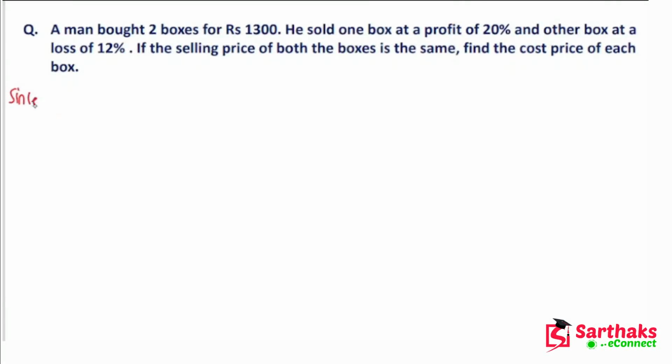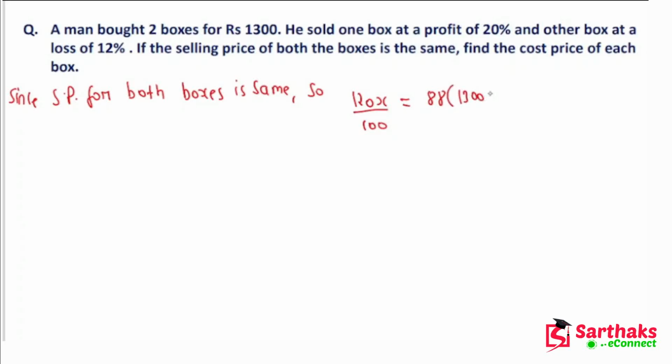Since SP for both boxes is same, 120x whole upon 100, this was the selling price of the first box, would be equal to 88 into 1300 minus x whole upon 100, which was the second box.